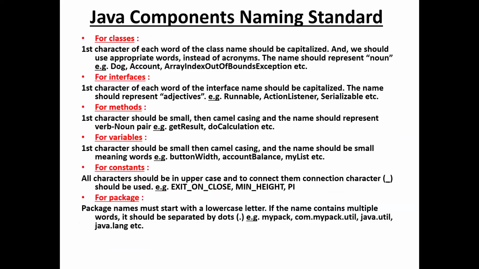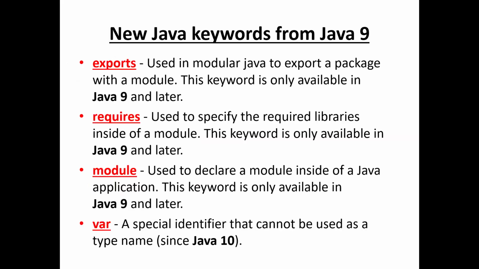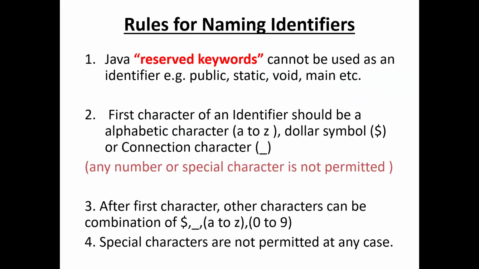So the next one is A to Z. Is it valid or invalid? I think it's invalid because it's a capital letter. Look at these rules here.